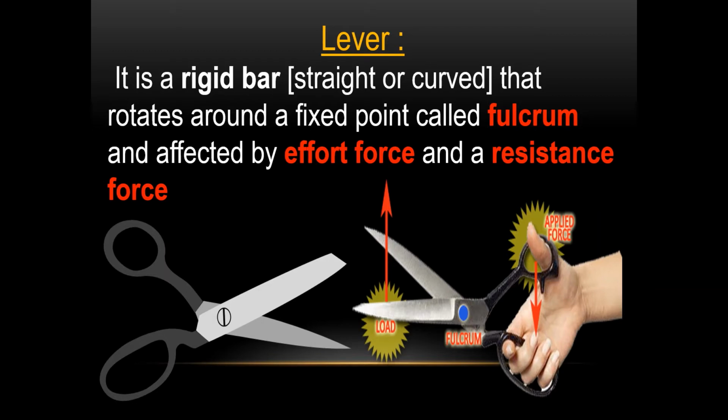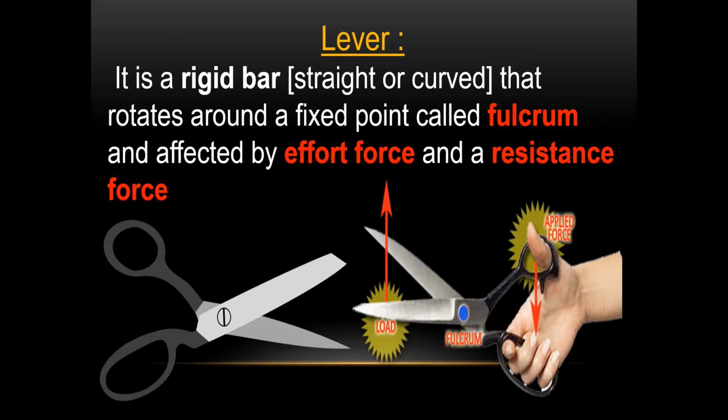Okay, I told you before the meaning of the word rigid. Very strong. Okay, it's a rigid bar. This very strong bar may be straight or curved, like here in the picture, that rotates. This rigid bar, this very strong bar, starts to rotate around a fixed point.